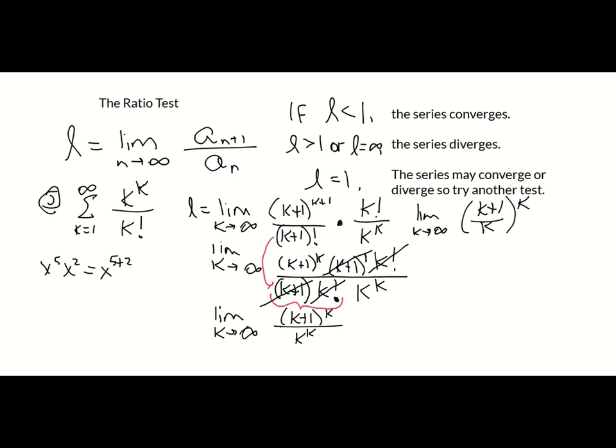And that fraction in the parentheses can be split into two fractions. It's kind of like the reverse of finding a common denominator and putting something together. You're breaking it into two fractions with that same denominator. So it'd be k over k plus 1 over k raised to the k power.